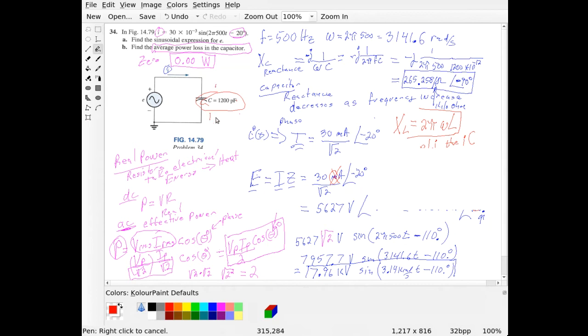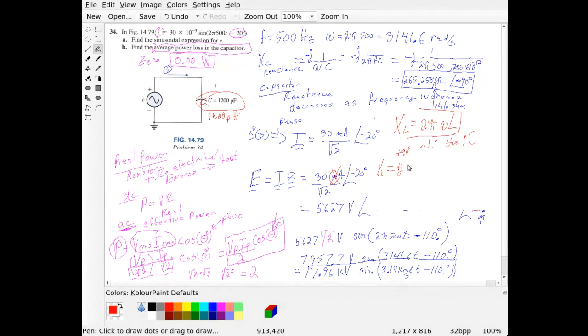So if it was an inductor, the inductor would be 1200 picohenries. Then the inductive reactance, remember it'd be a plus J, which means plus 90 degrees.